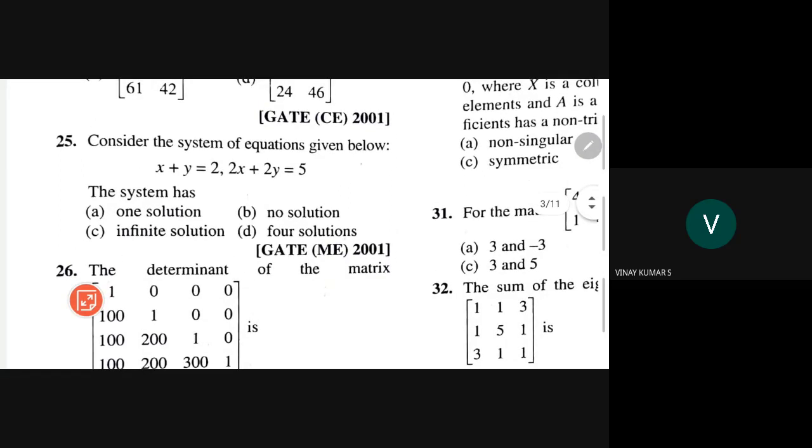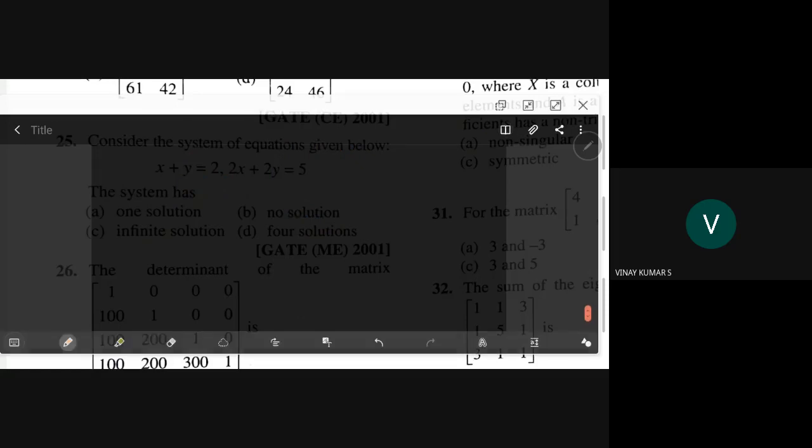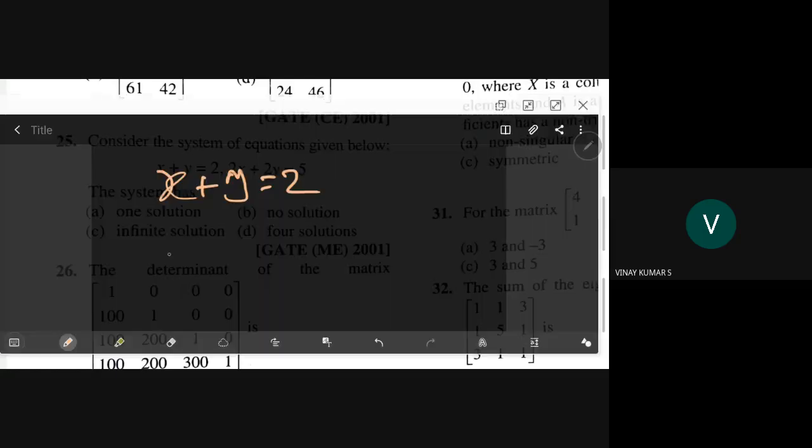How about this one? 25th question. Can anyone tell? You need to look at x plus y is 2, 2x plus 2y is 5.